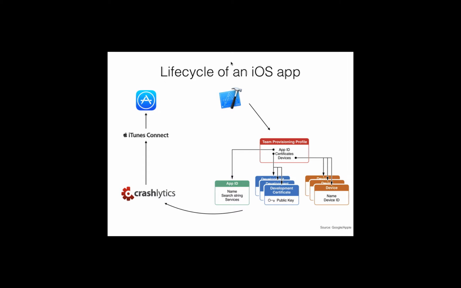Each one of you will get your own certificate, which is called a developer certificate, that you need to develop an iOS app. And when you request Apple for a developer certificate, it gives you a pair of keys, a private and public key similar to asymmetric cryptography, and each of the developer certificates will be signed by your own private key.